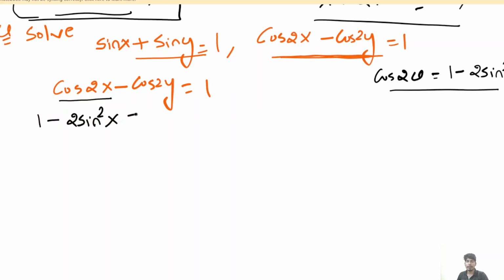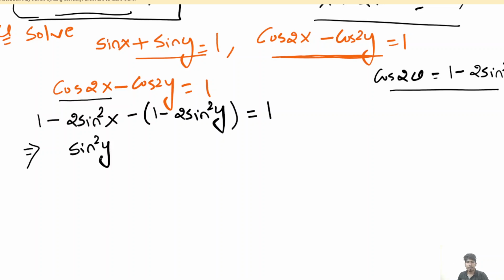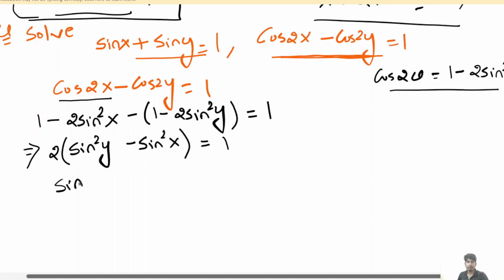And here is minus of 1 minus 2 sin square y. This is equal to 1. Then we get 2 into sin square y minus sin square x equal to 1. Then sin square y minus sin square x is equal to half.